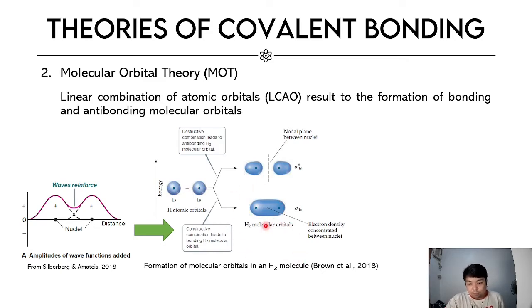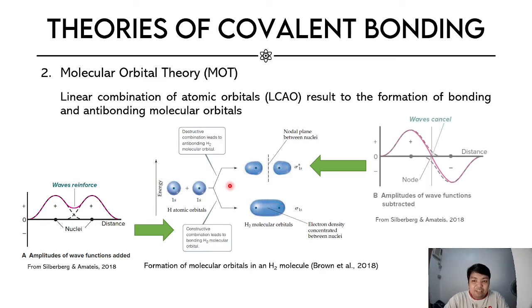Now, another way of combining our atomic orbitals is through destructive combination. So this is a result of the destructive combination of atomic orbitals. Their waveforms will actually cancel each other out, and that will lead to the formation of the higher energy antibonding orbitals.